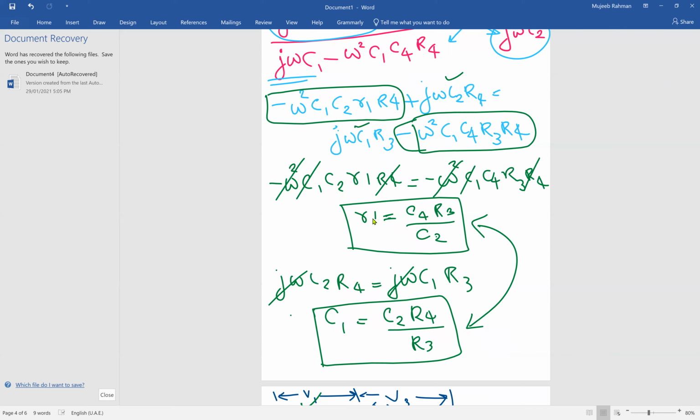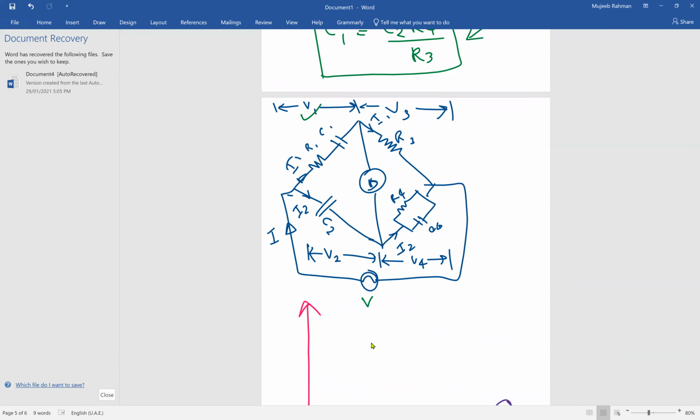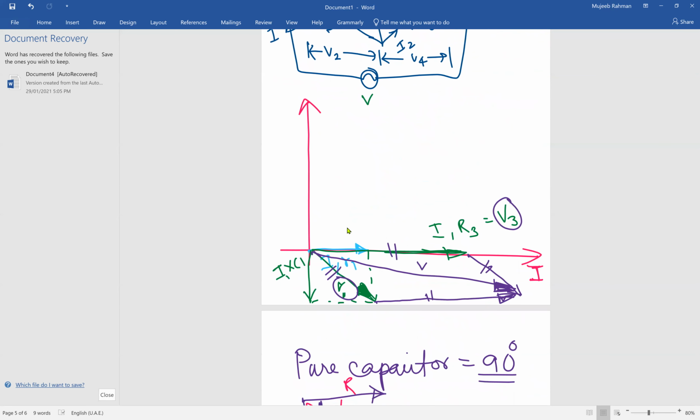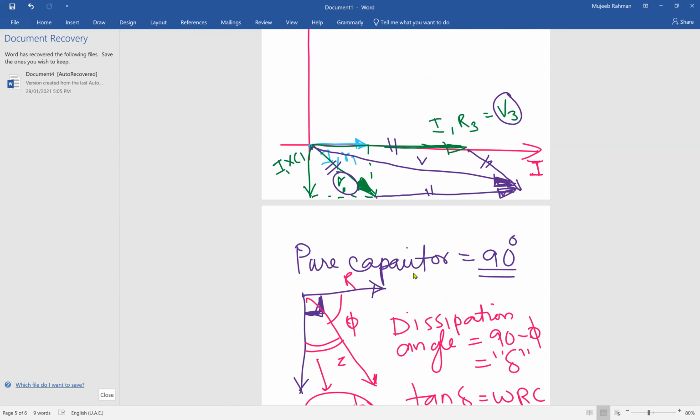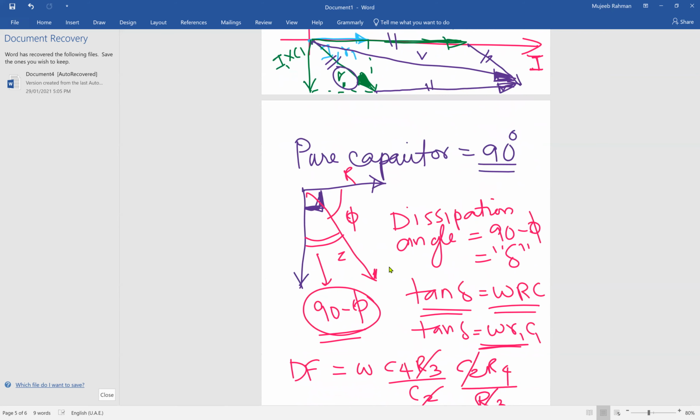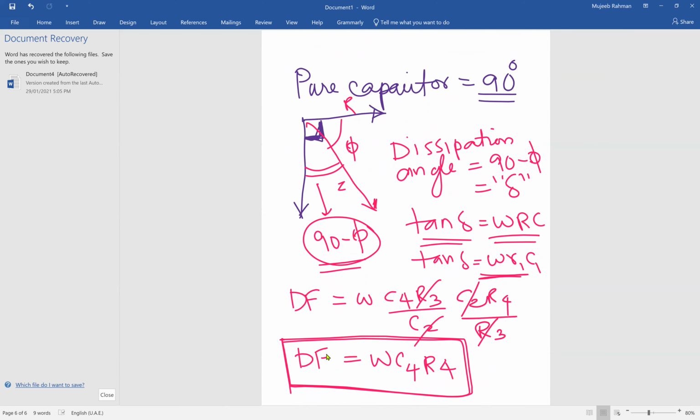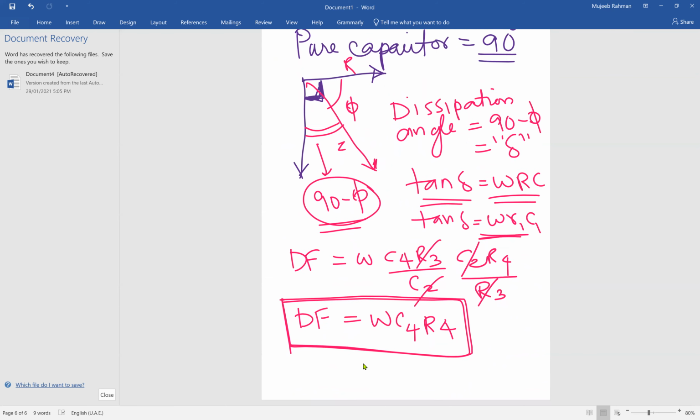From the real term, we found the value of R1. From the imaginary term, we found the value of C1. Then we also drew the phasor diagram, and calculated the dissipation factor, which for this circuit is omega C4 into R4.